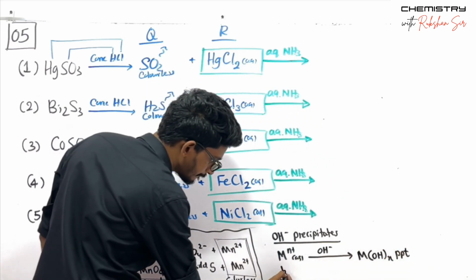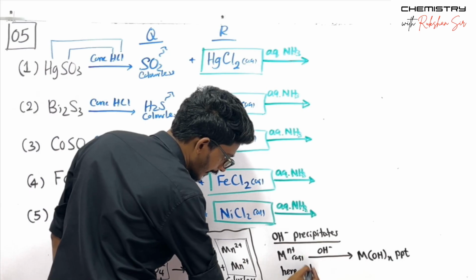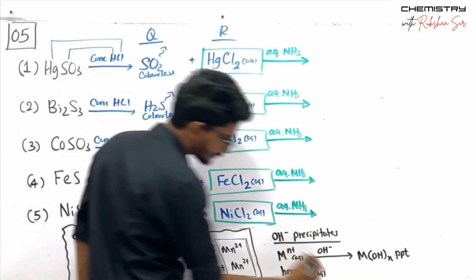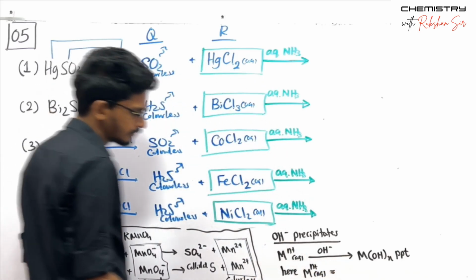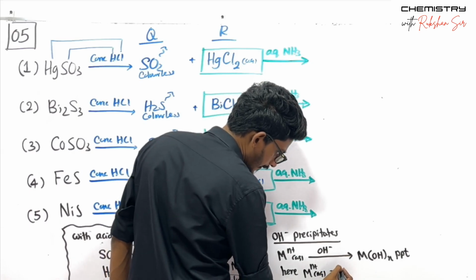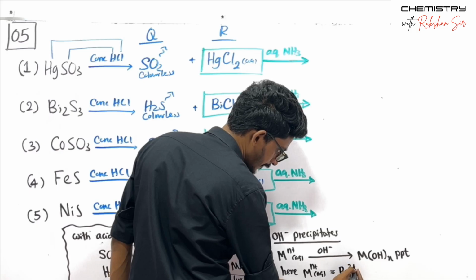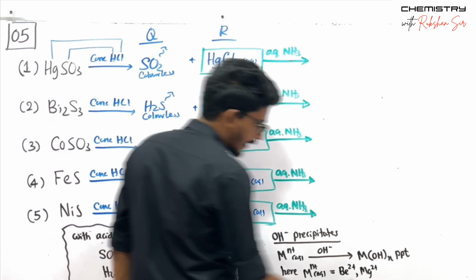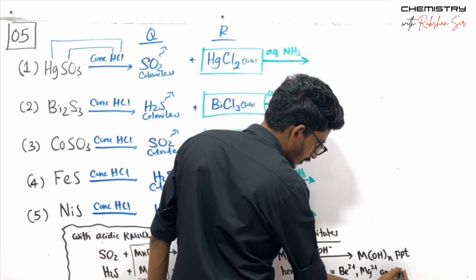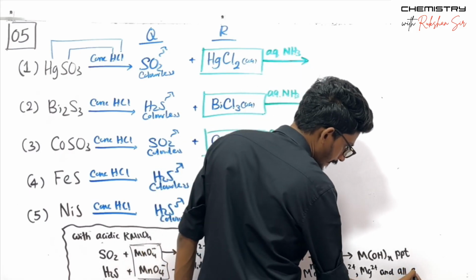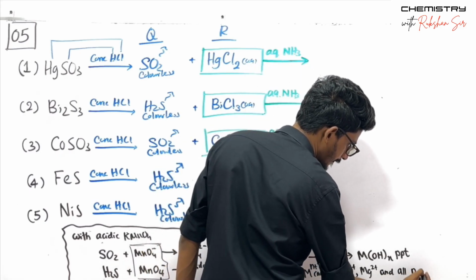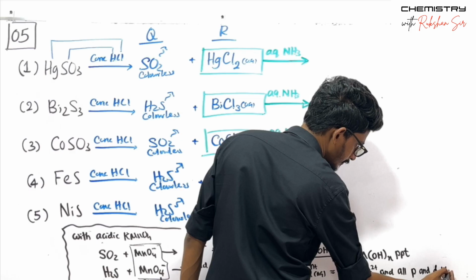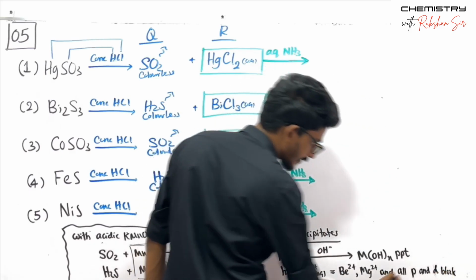Here Mn+ represents not beryllium 2+ or magnesium 2+ from this block, and all p- and d-block metal cations.